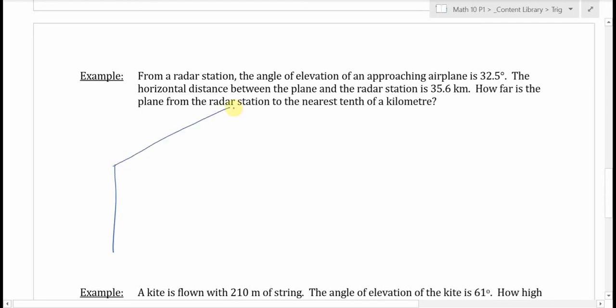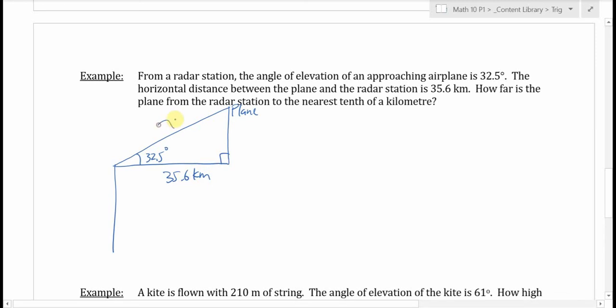And here is the plane. And there is your triangle. The angle of elevation is 32.5 degrees. The horizontal distance is 35.6 kilometers. How far is the plane from the radar station to the nearest tenth?